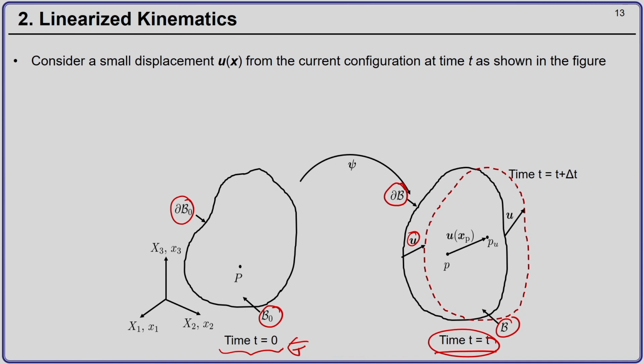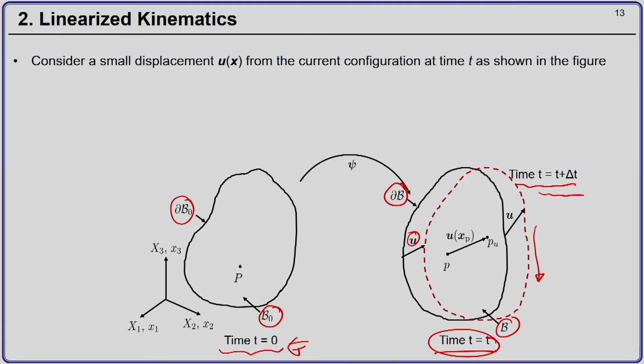So, let the red dotted lines show the position at time t plus delta t. Okay. Delta t corresponds to a small increment in the time. Okay. In static problems, time is a virtual quantity. So, a small change. Okay. In dynamic problems, delta t is a physical quantity.